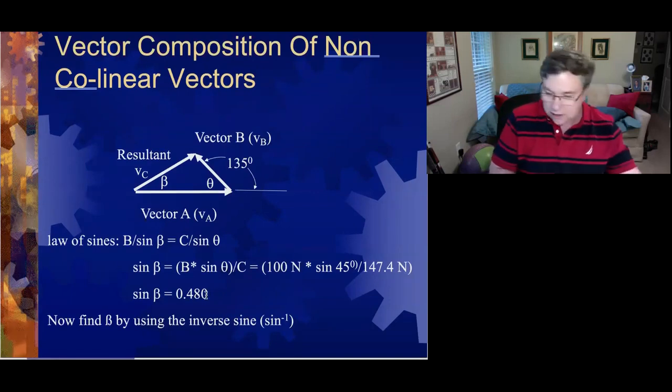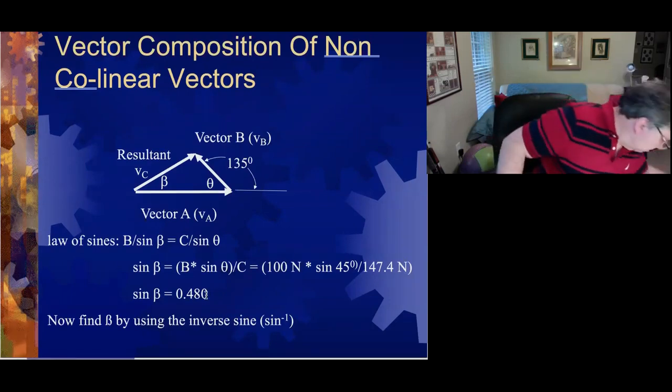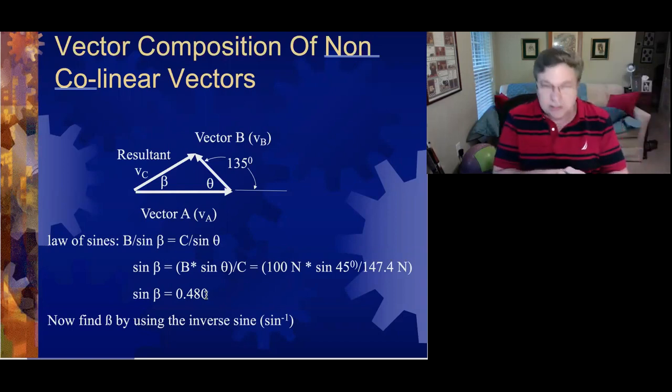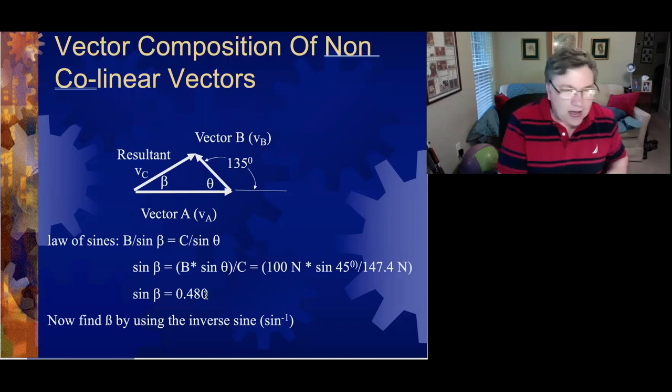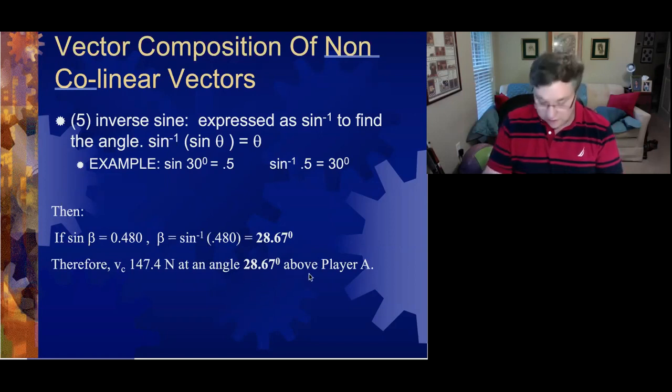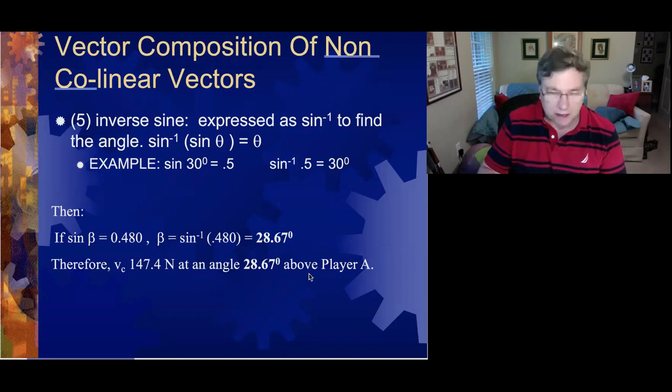So I'll hit in my calculator. Here's my calculator. There it is. Hit my second function, sine, boom, inverse sine, and get 28.67 degrees. Just keep in mind on your calculator whether you're using degrees or radians. So it's 28.67 degrees above vector A.